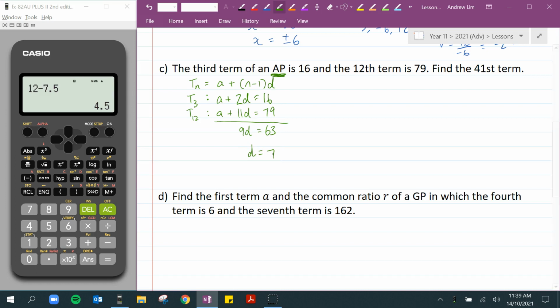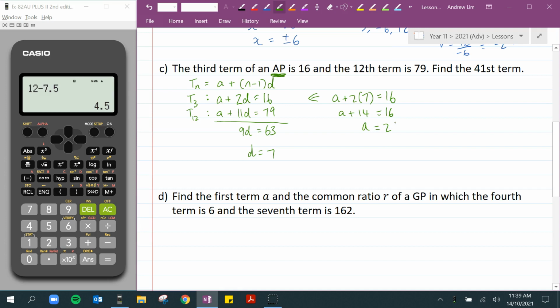Well, what do we need to do now? We actually need to work out what the first term is before we can actually answer the question. Find the 41st term. So I'm going to sub that into this one because that looks easier. a plus 2 lots of 7 is equal to 16. a plus 14 is 16. So a is equal to 2.